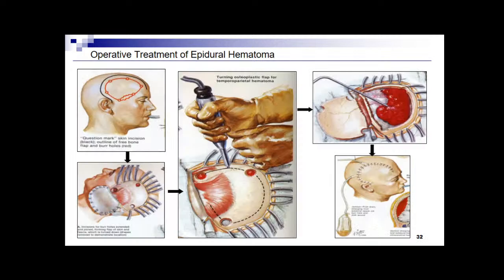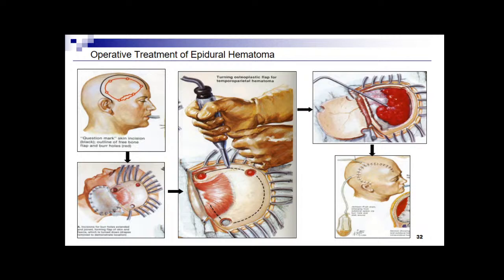If the patient has epidural hematoma, the name of the operation is osteoplastic craniotomy. Osteoplastic craniotomy. The surgical approach is very anatomic for the patient. In the post-operative period, the structure of the skull is kept.